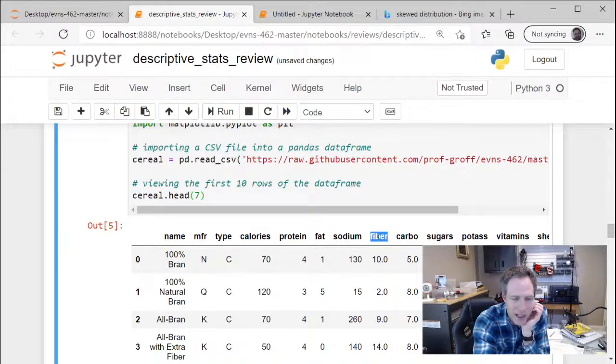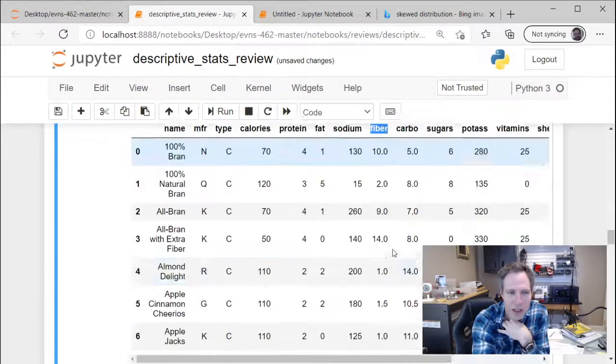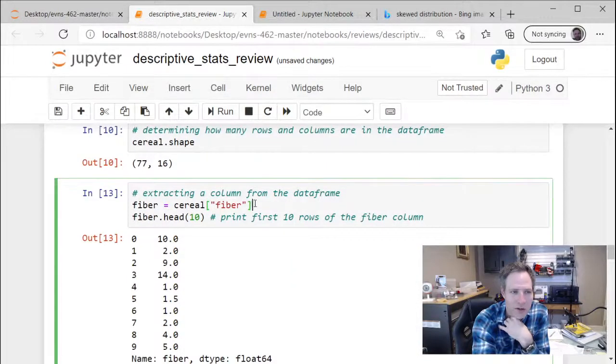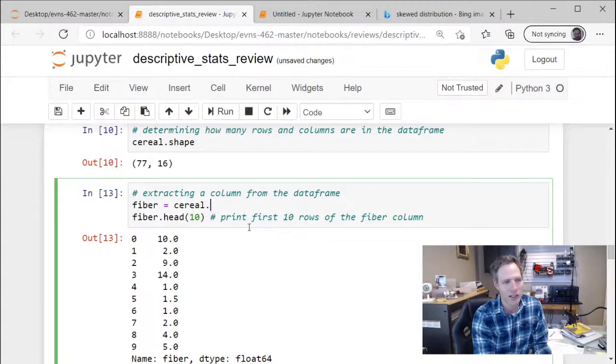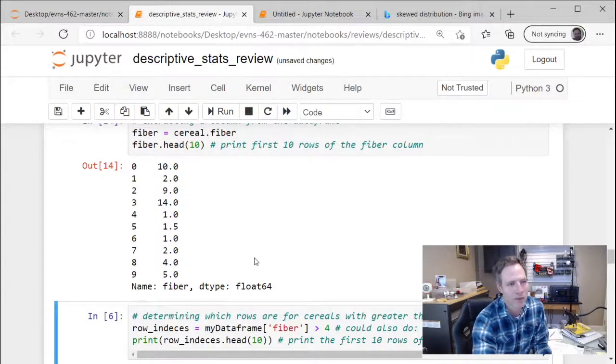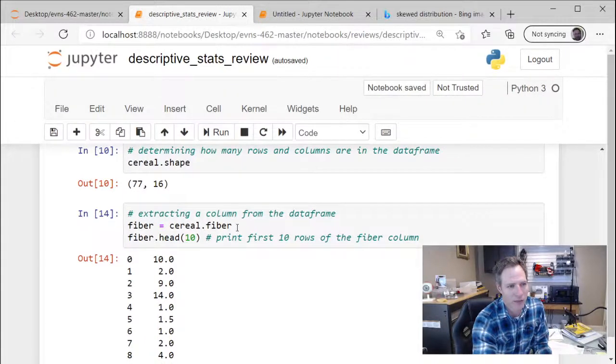Fiber is not like fiber content; it's not multiple words, it's just one word. So another way that you can access a column in a situation like that is the dot notation. I can put serial.fiber and it pulls out the fiber column.